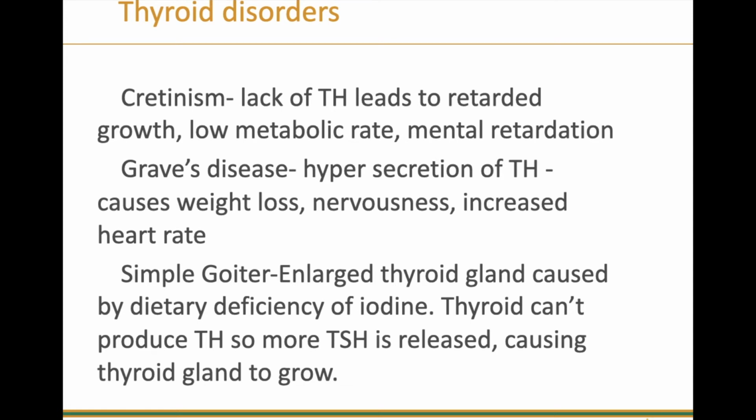When the thyroid gland can't produce thyroid hormone, your pituitary gland releases more TSH, which is thyroid stimulating hormone, and that's trying to tell the thyroid gland to make more thyroid hormone, but it can't because there's no iodine, so it causes the thyroid gland to grow, and you can see these people with these huge bulges in their necks. Today we have iodized salt, and most of us get plenty of iodine in our diet that way.